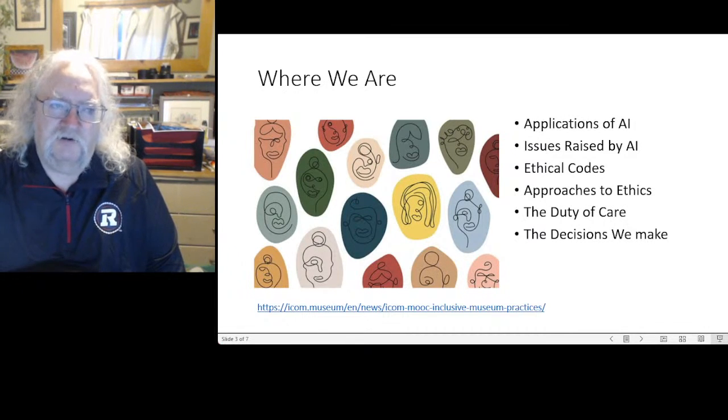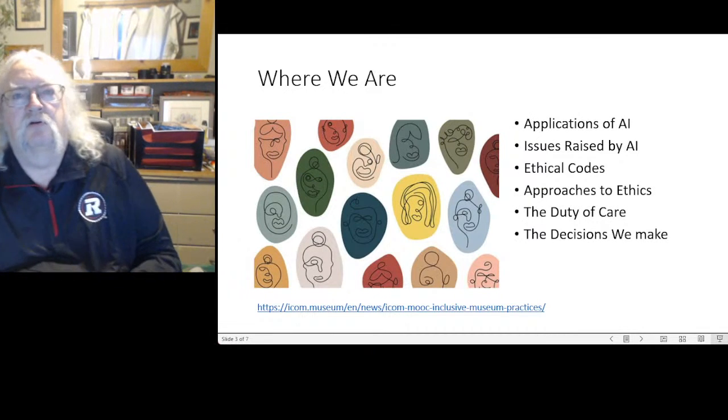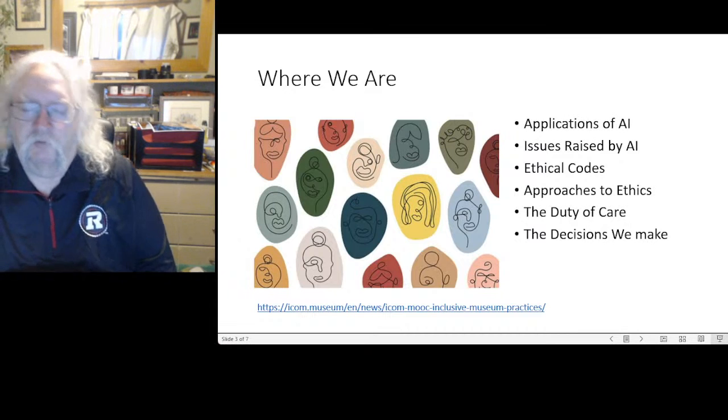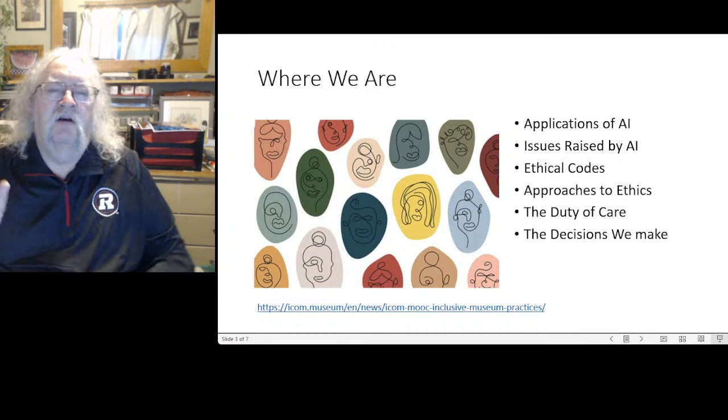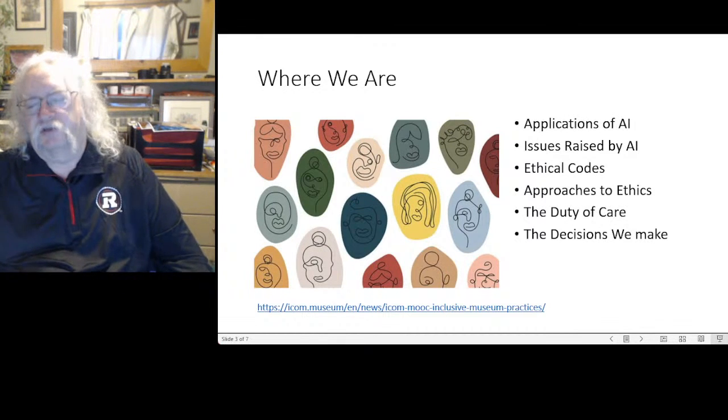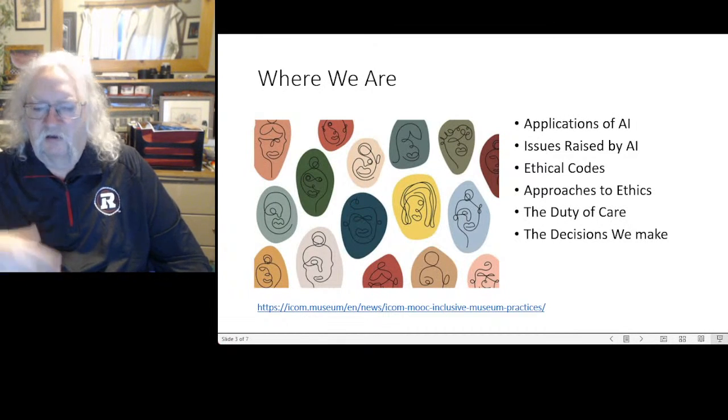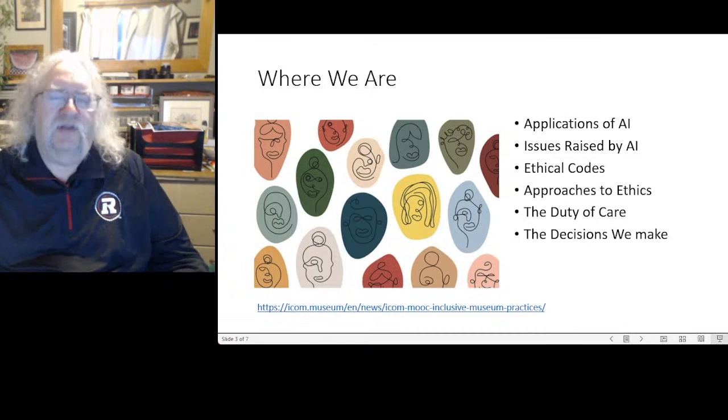We looked at also the many ways in which these ethical codes are justified through ethical reasoning. And in the approaches to ethics section, we looked at four distinct approaches to ethics. Virtue ethics, which is like an ethics of character.